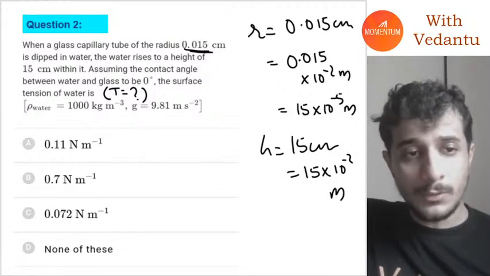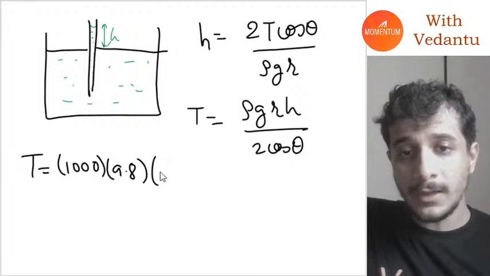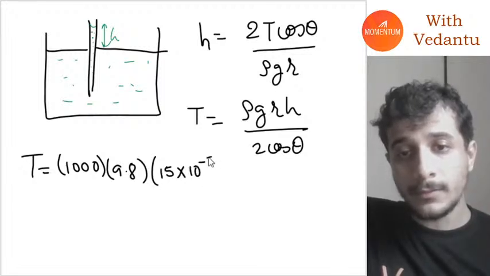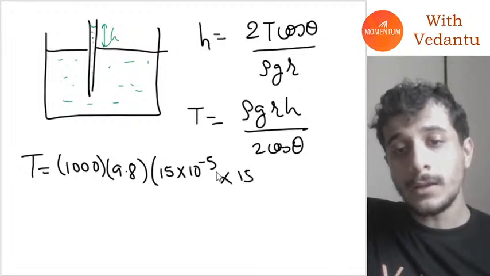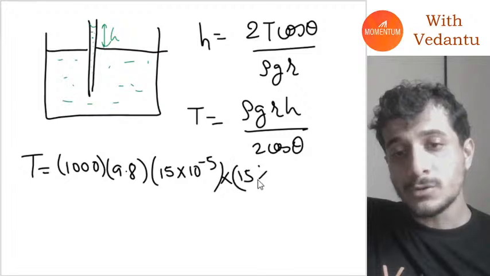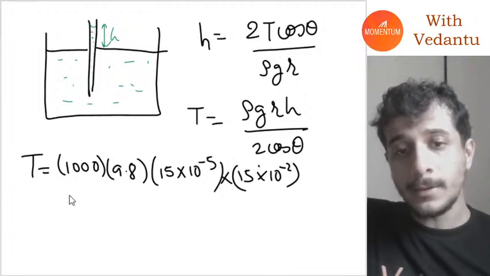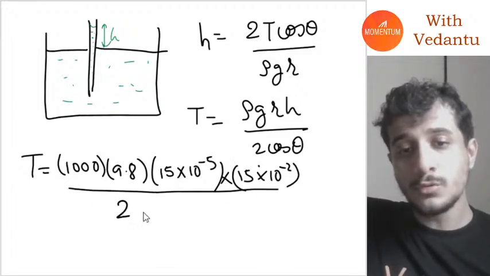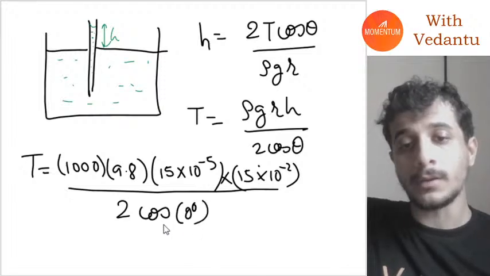Substitute both of them here: 15 into 10 power minus 5 into 15 into 10 power minus 2 divided by 2 into cos 0 degrees.